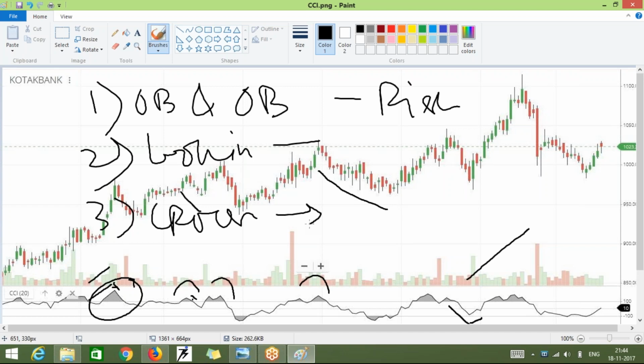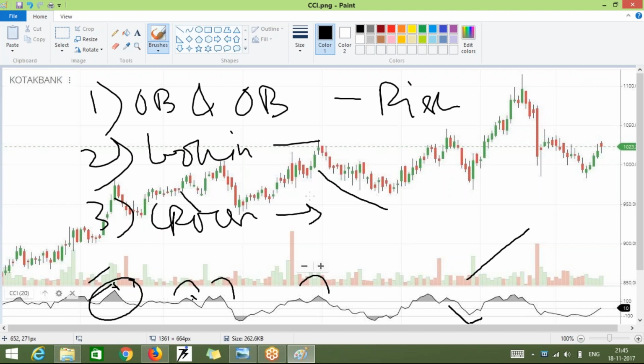So CCI is almost over. I could have explained the calculations behind it, but if we move into that, it would take a long time. As for the time frame, if you are trading intraday, then it's better to use CCI.